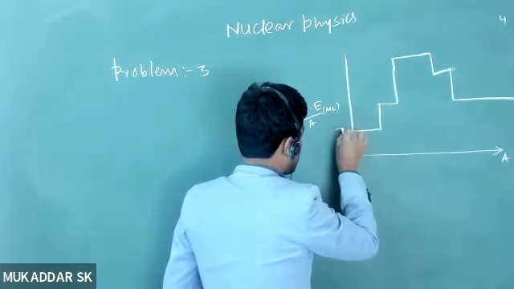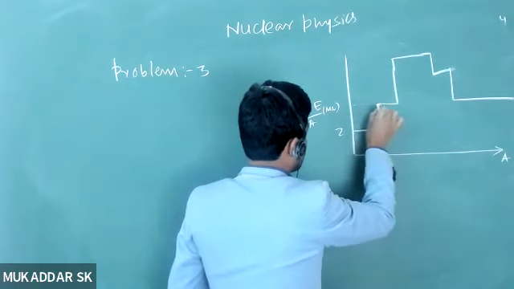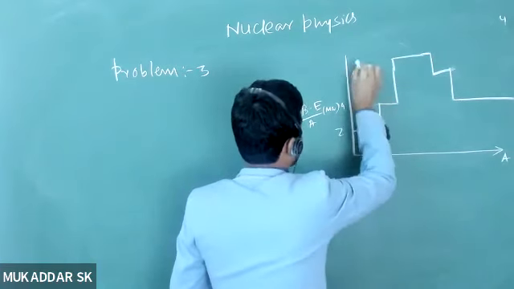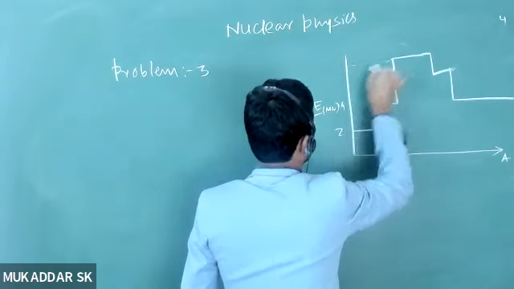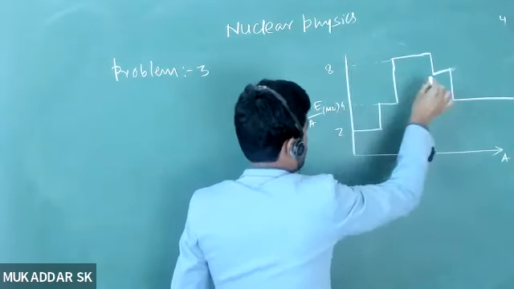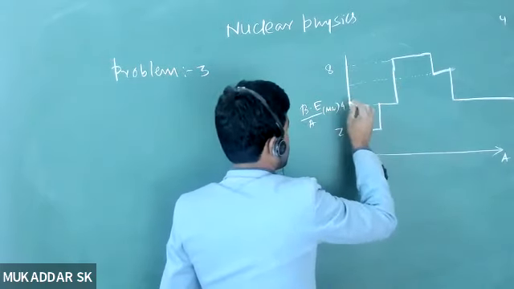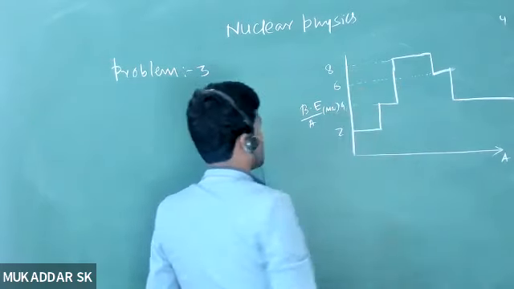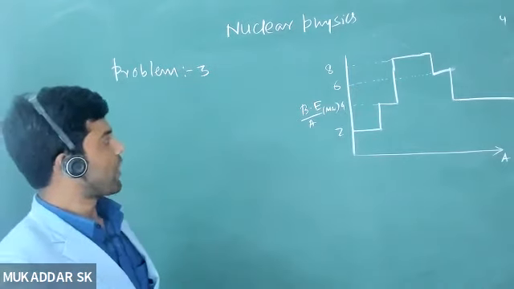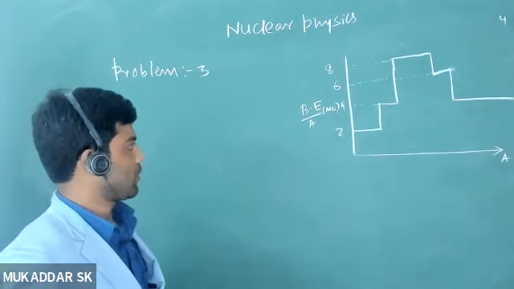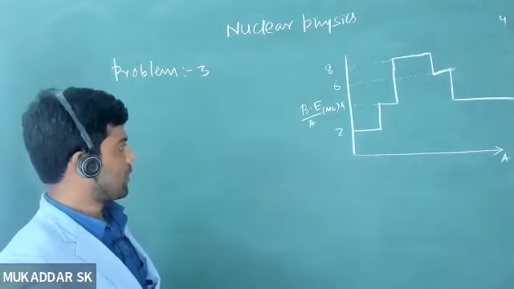This corresponds to 2 mega electron volt. This corresponds to 4, this height corresponds to 8 mega electron volt, and this corresponds to 6 mega electron volt. The binding energy per nucleon curve is given. And this height you can understand.